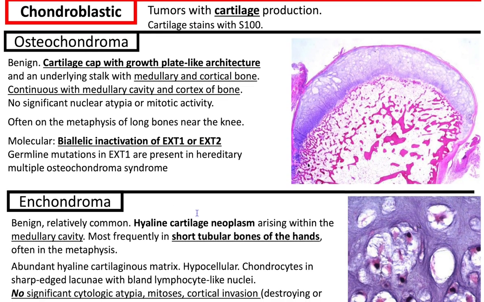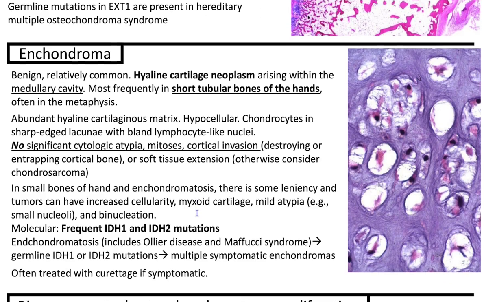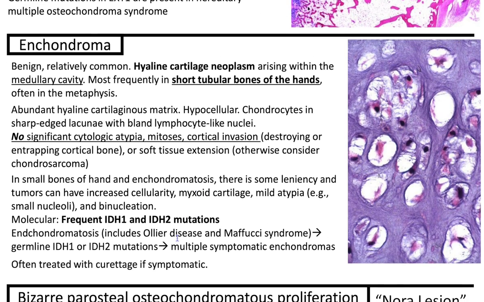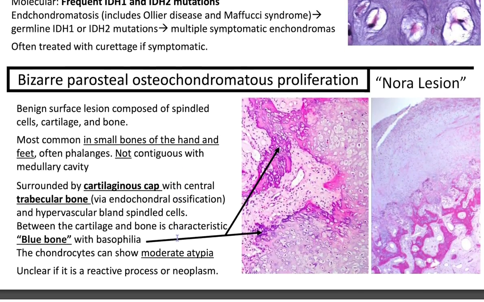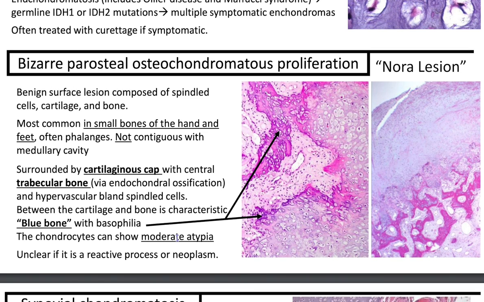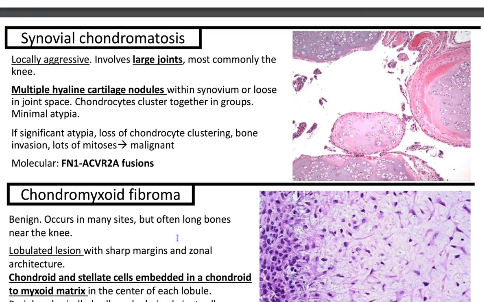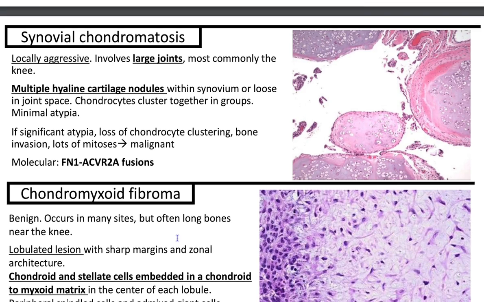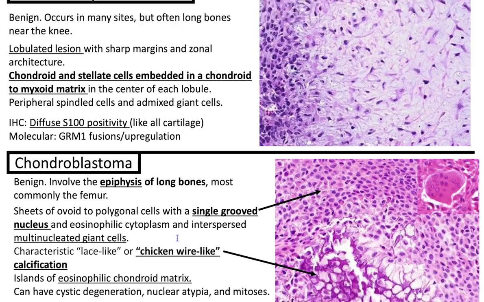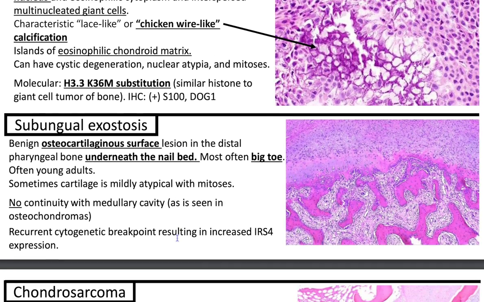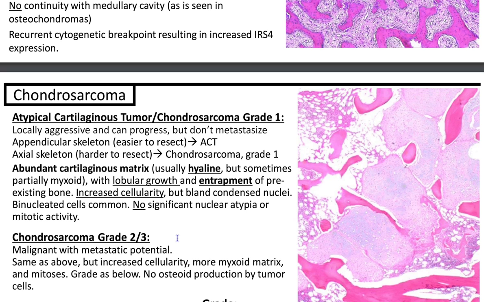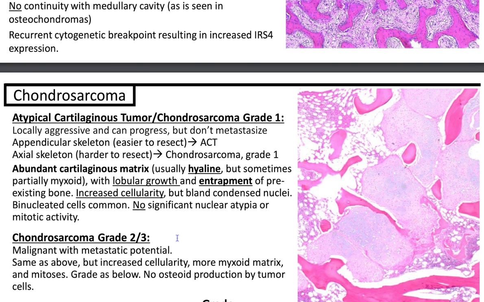Chondroblastic tumors include osteochondromas. In chondromas, if you have multiple, think about Ollier's disease and Maffucci syndrome. Bizarre parosteal osteochondromatous proliferation in the small bones of the hands and feet, synovial chondromatosis, multiple hyaline cartilage nodules, chondromyxoid fibroma, chondroblastoma, look for that chicken wire-like calcification, subungual exostosis, chondrosarcoma, think about grade 1, based on location, if it's in the arms or legs, an atypical cartilaginous tumor.